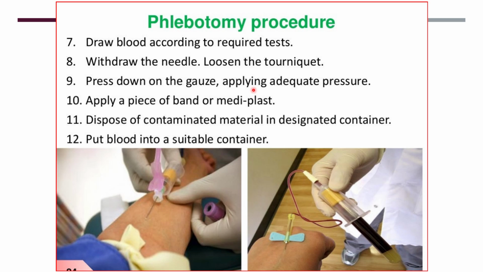Whichever blood tests are required, you can fill the vacuum tubes accordingly. Whenever you enter the needle into the lumen of the vein, you will see a red dot on this portion, and then you can understand that blood will now flow through the needle, and you can just collect the samples.